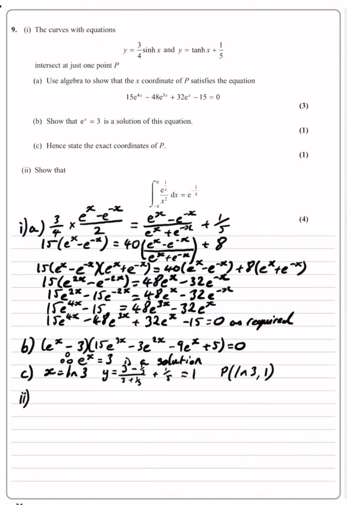For part 2, we're asked to integrate. So we're integrating between -4 and 0, e^(1/x^2). I'm going to use a substitution here, u = 1/x. Differentiate that, we get -1/x^2.